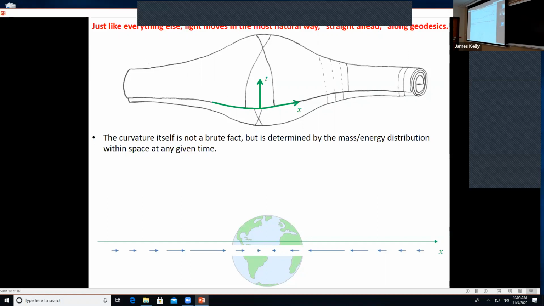Okay, just a couple of last facts before we move on to that last section. The curvature itself, we don't want to think of as a brute fact. The early thinkers we've been wrestling with in philosophy kind of took the shape of space for granted as something that was given to them.